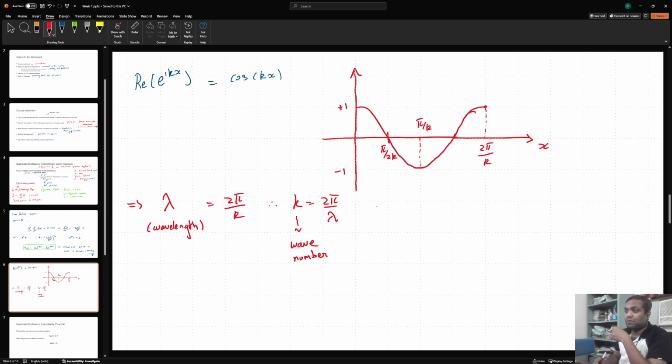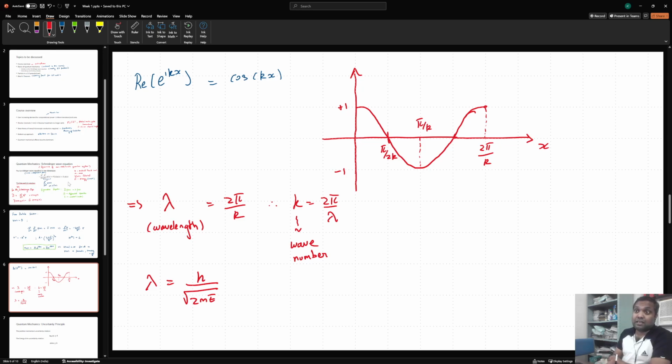and multiply by 2 pi, we can see that lambda will be equal to h divided by the square root of 2mE, because h bar into 2 pi is h.